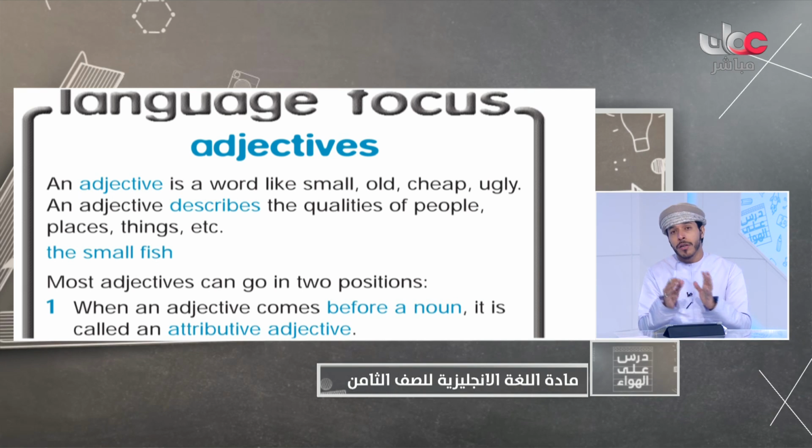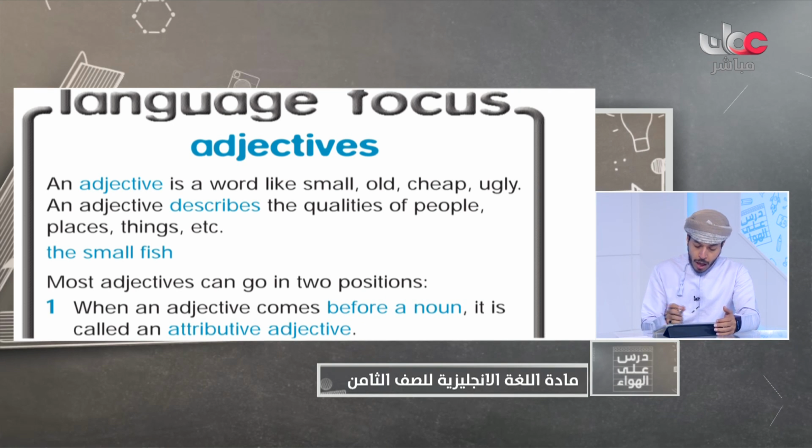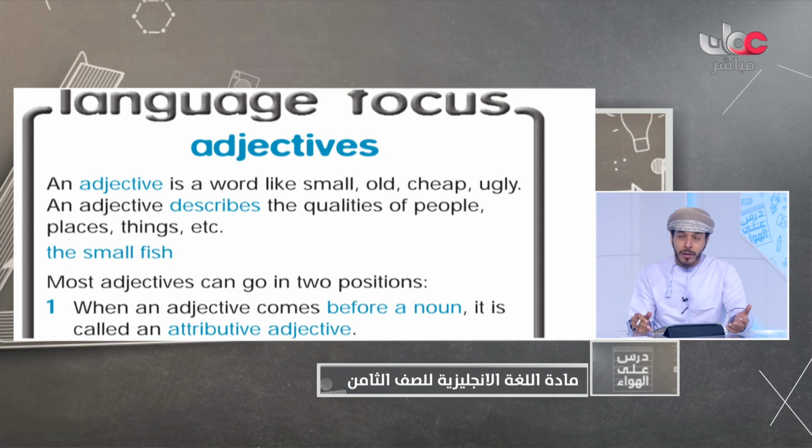But here we are going to learn different types of them, the attributive and the predictive adjectives. Basically, an adjective is a word like small, old, cheap, ugly, big, short, long, tall. An adjective can describe the qualities of people, places, things, etc. For example, the small fish or a big fish, a wild shark or a wild tiger, an amazing film or movie.